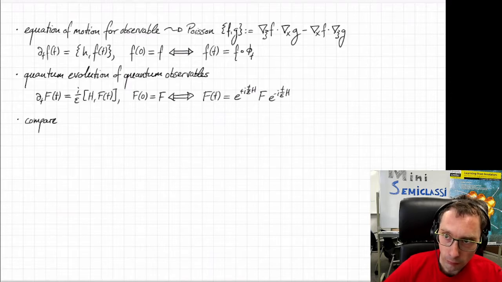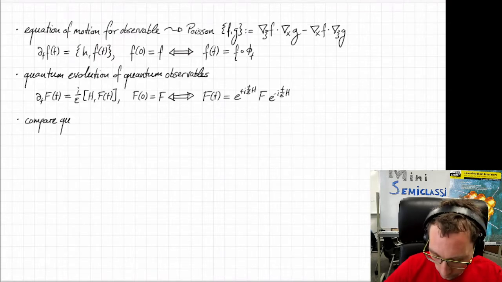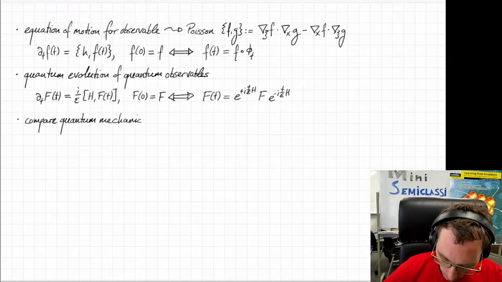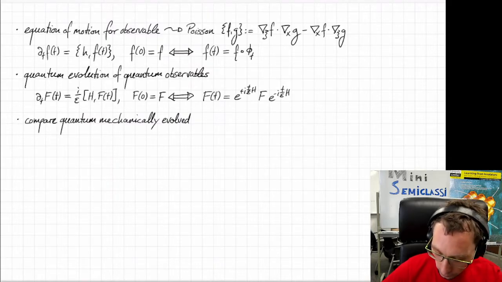the quantum mechanically evolved observable, and let me give you a different name that makes it more explicit.